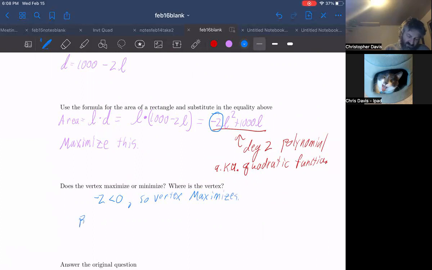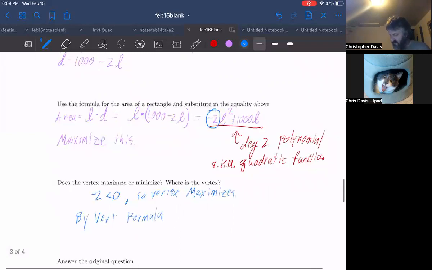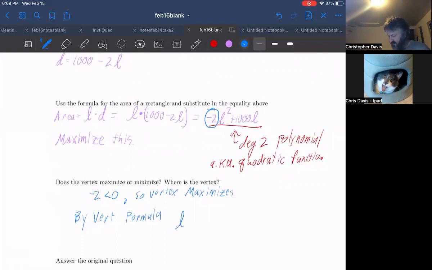And by the vortex formula, this vortex is at, well, the vortex formula is phrased in terms of x, but whatever the independent variable is, here it looks like it's L. By the vortex formula, L equals negative b over 2a. That's negative 1,000 over 2 times negative 2.